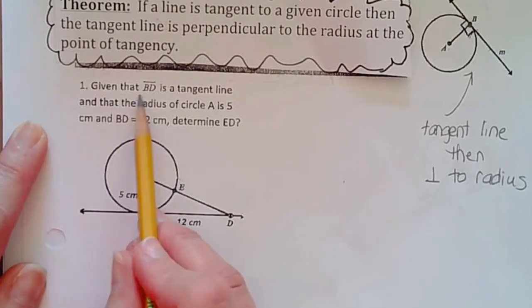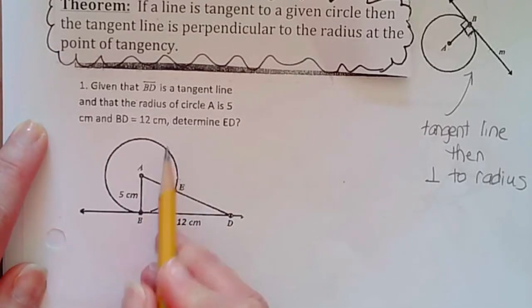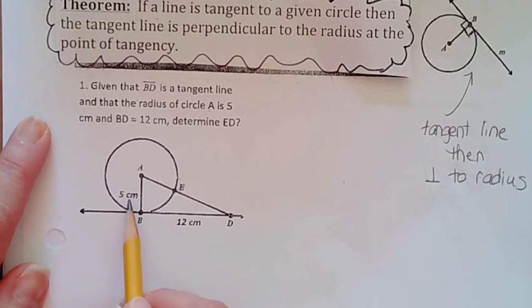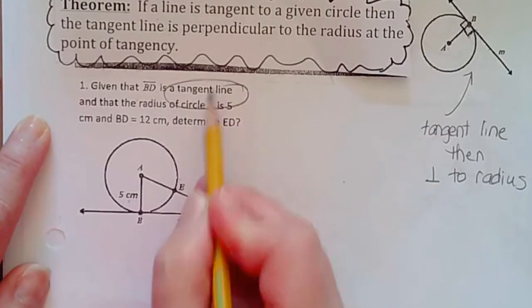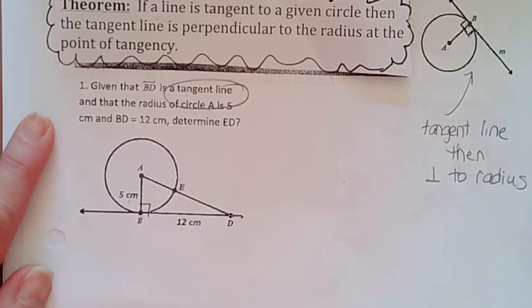So we are given that BD is a tangent line. B is our point of tangency. We have circle A, right, named for the center. And we know the radius is 5. They wrote it in here. And this segment here is 12. As soon as they tell us we have a tangent line, we can draw in this perpendicular. Now I know I have a right triangle.